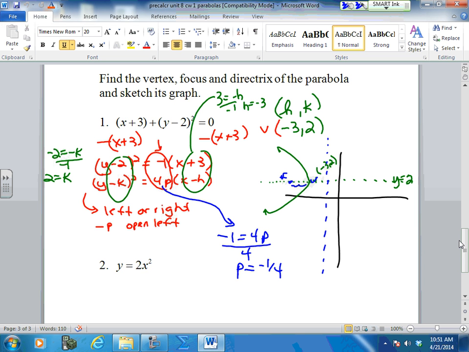I need to move this way horizontally. So I'm going to take the x value, negative 3, minus negative 1/4. I'm going to add and subtract 1/4 from it. So if I subtract 1/4 from it, I'm going backwards. I'm going to my directrix. What would my answer be?